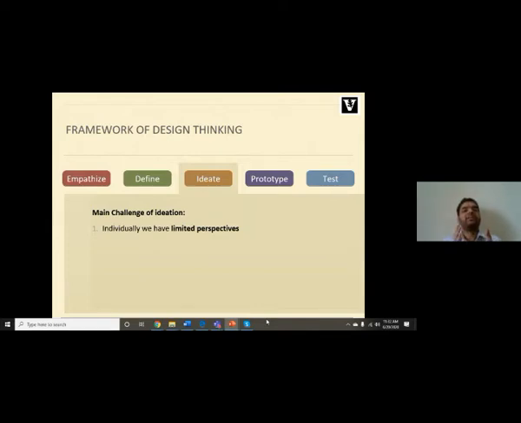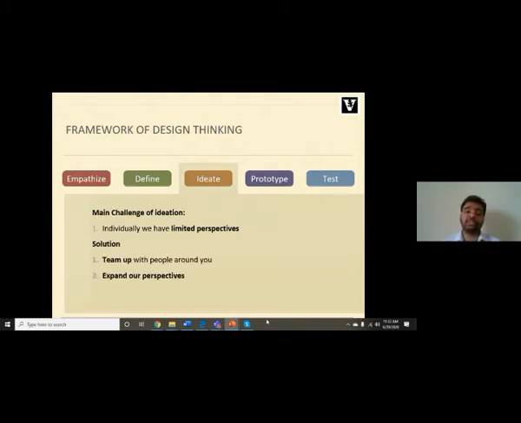You must have experienced that if you discuss some problem or solution with your friends, you get a richer solution as compared to thinking alone. You may utilize all your faculties to come up with solutions, but the moment even a kid supports you, you may get an additional perspective and that can enrich your idea. So the main challenge of ideation is that individually we have limited perspectives.